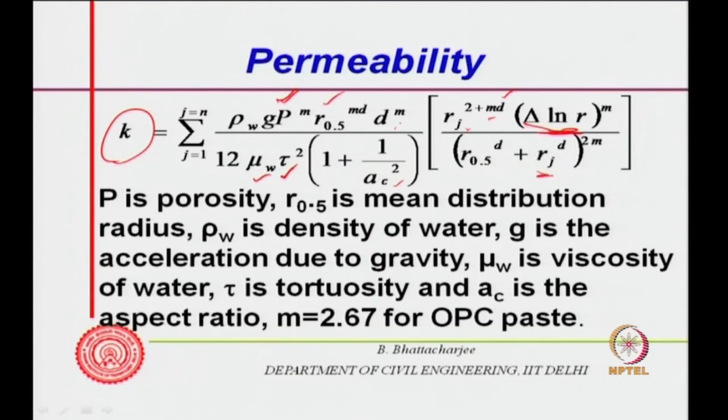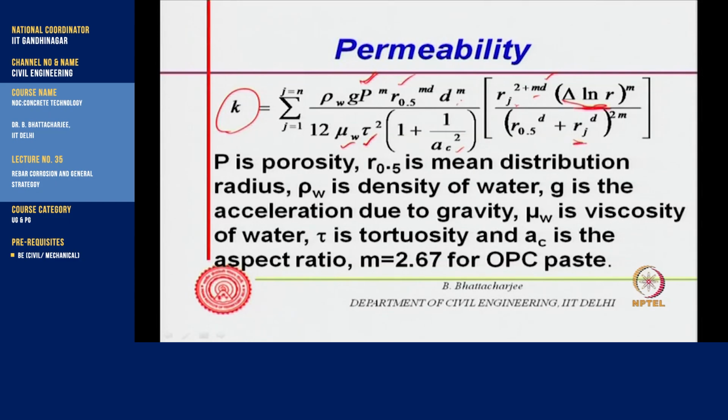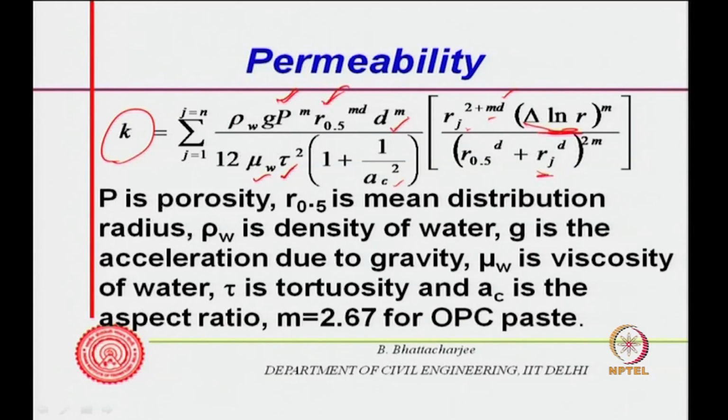R.5 and D, because porosity can be related to water cement ratio, and particle size of the cement particle, water cement ratio, age, degree of hydration, all this, the D and R.5 can be related to those, and we have shown some relationship earlier when we were talking of strength.